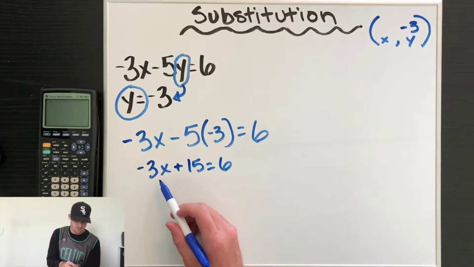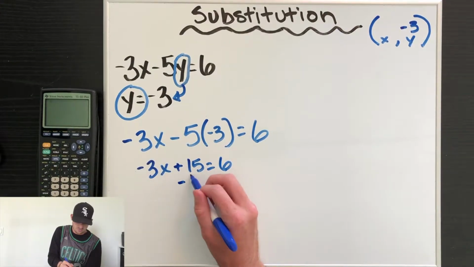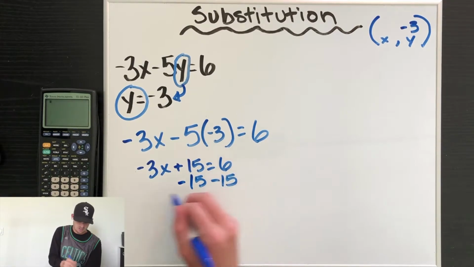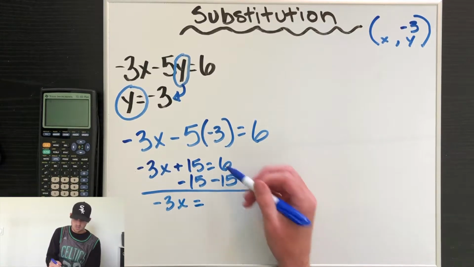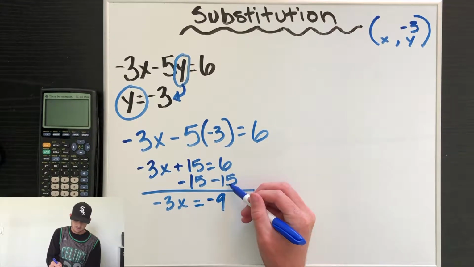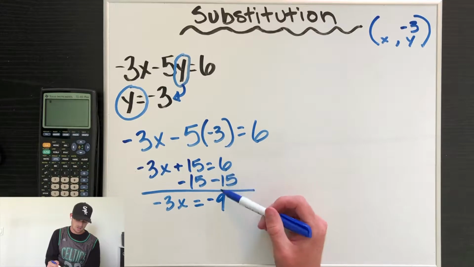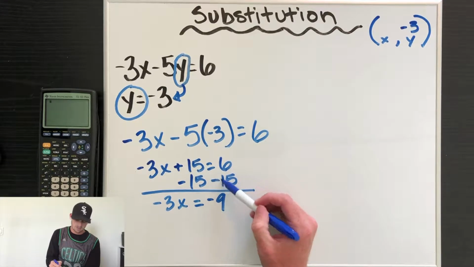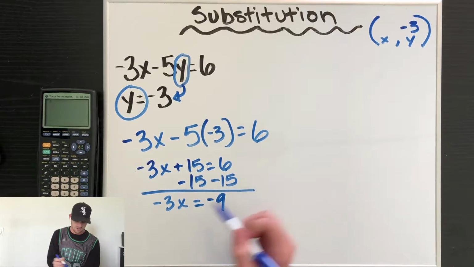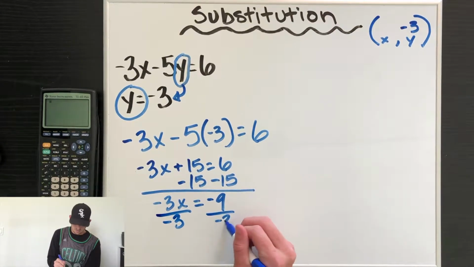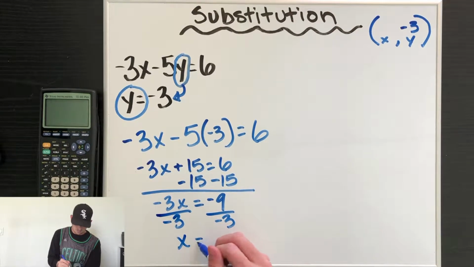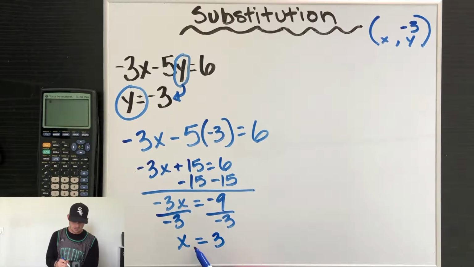When we're trying to get x by itself, so -15, -15, draw a line, -3x equals -9. -15 and 6, combine them, subtract and take the sign of the bigger number, which is negative, so -9. Divide by -3, divide by -3, x equals +3. So now we have our x.